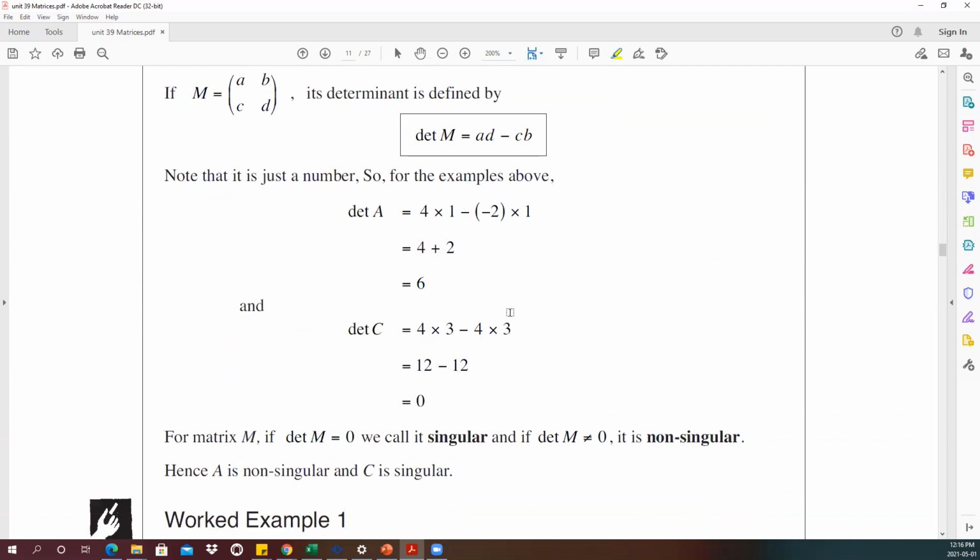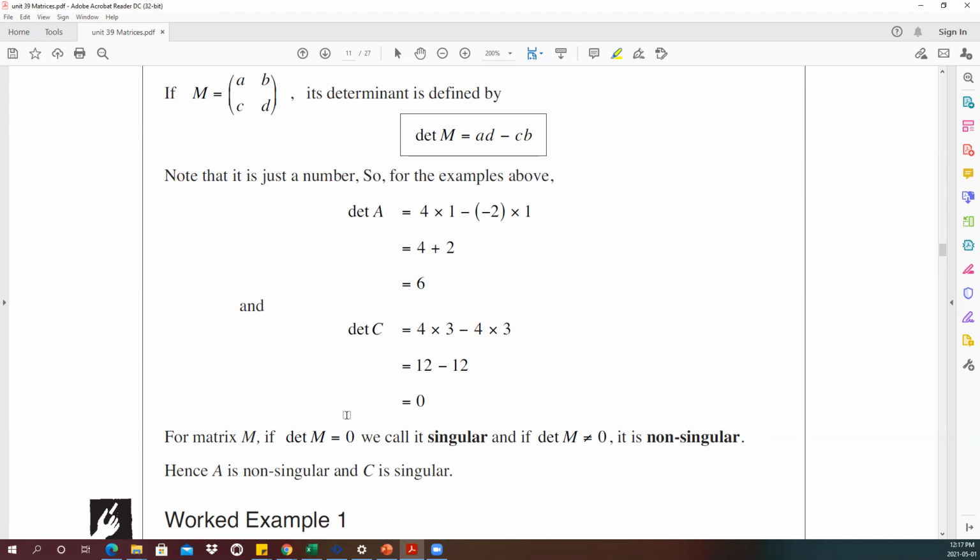Now, they have something important to say when you get 0. For matrix M, if the determinant is equal to 0, we call it singular. And if the determinant is not equal to 0, it is non-singular. Hence, matrix A is non-singular and C is singular.